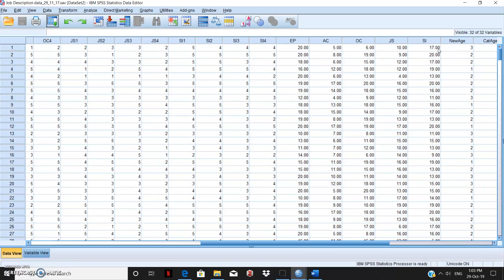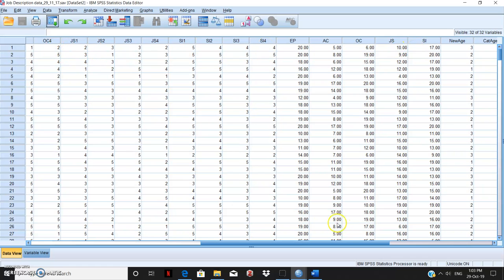Now let us come to the test that we are going to do. In this particular test, the t-test, let me assume that I want to find out if there is any significant difference in these variables, which are my study variables, based on gender. So these variables are all measured using a scale, that is an interval scale.